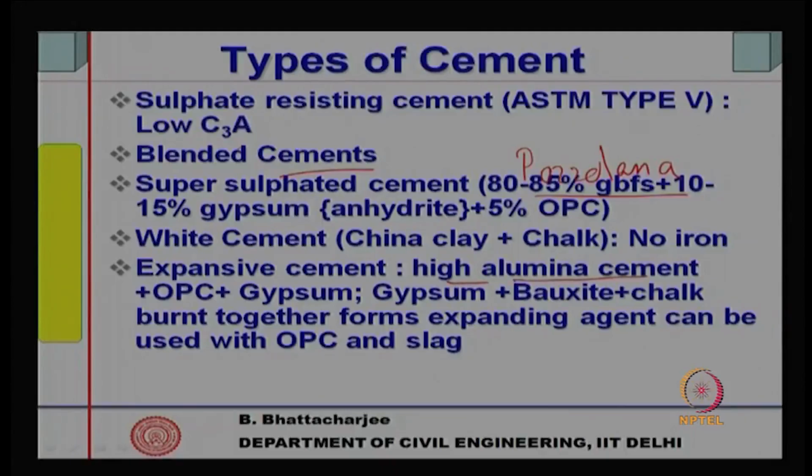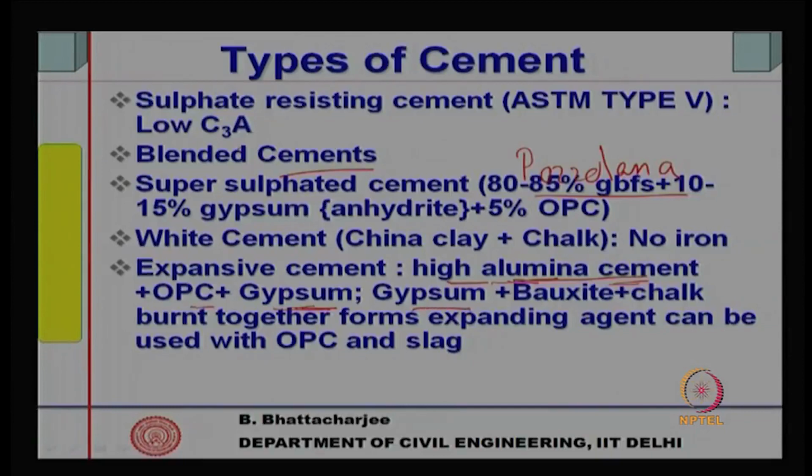High alumina cement with OPC and gypsum, because you see ettringite formation would occur with this one, and this ettringite occupies more volume than the original reactants, therefore it causes expansion. So, the expansive effect of high alumina cement together with OPC and gypsum is used in expansive cement.